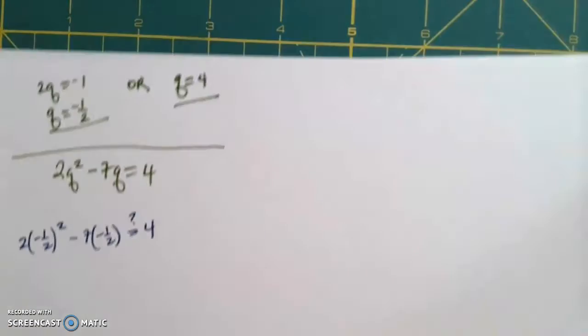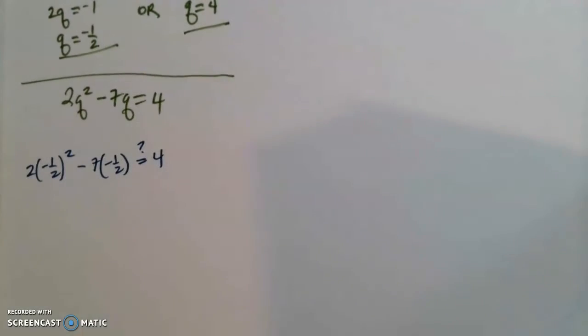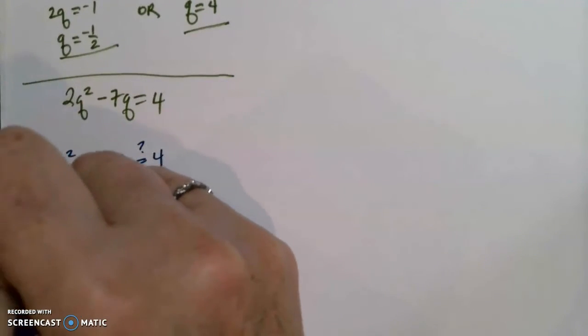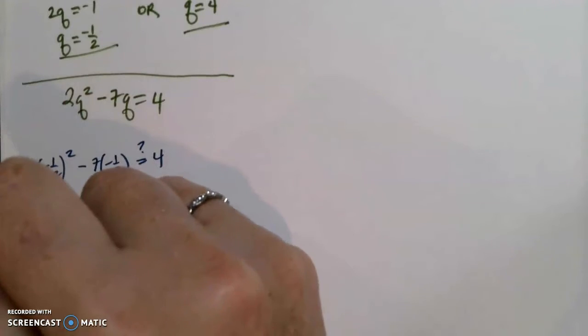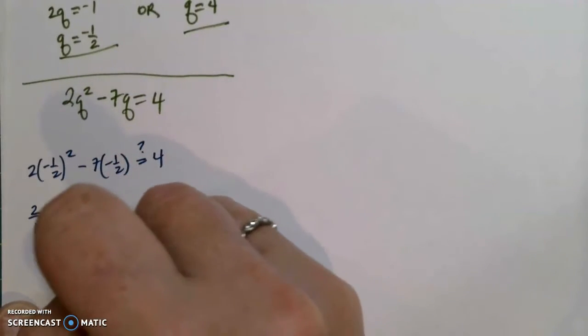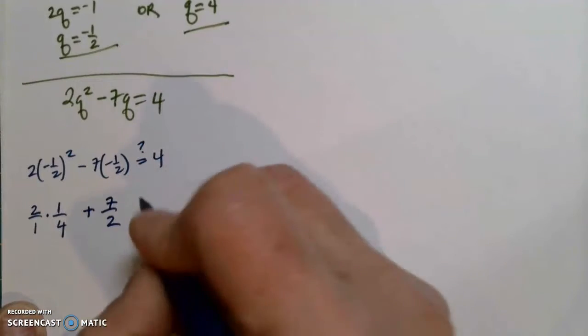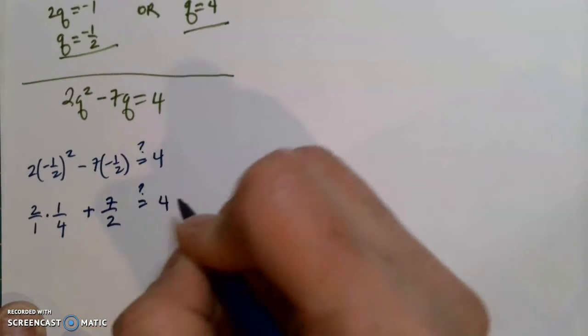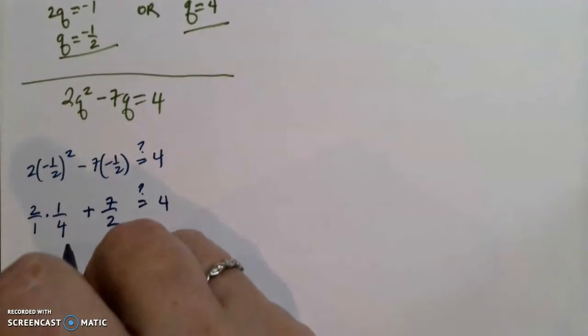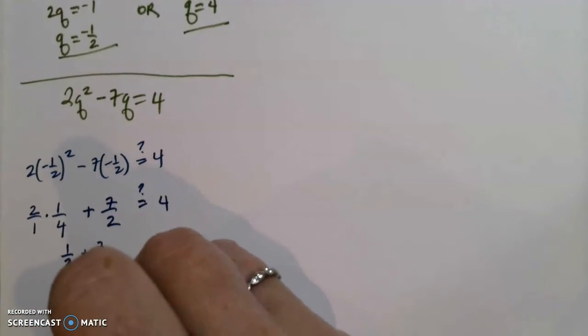Let's scoot this up a little bit more so you can see what I'm doing. Let's see here. So this would be 2/1 times 1/4. Negative times a negative will be plus 7/2. And we want to see if that is going to be equal to 4. Ooh, excuse me. So this would be 1/2 plus 7/2.